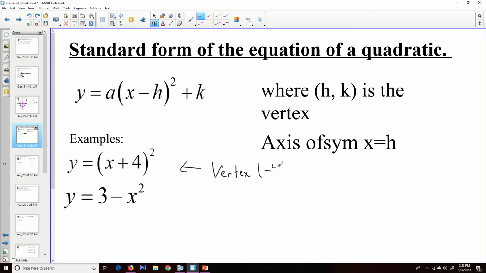So the h value is negative 4, and we see that there is no plus k. When there is no plus k, we put a 0 there. So there's the vertex. And in this particular instance, we see that there is no h, there is no quantity that is being squared, it's just the x. So in that case, the h value is 0, and the k value is 3, so the vertex for that is as written.